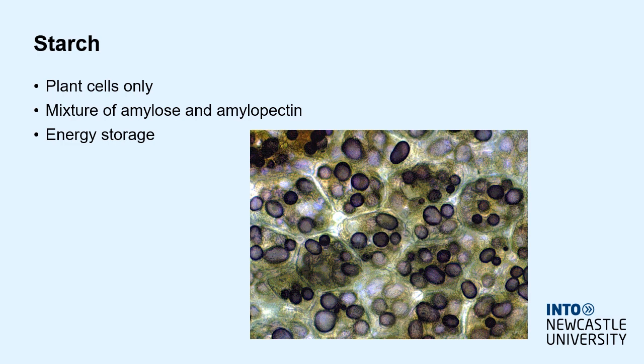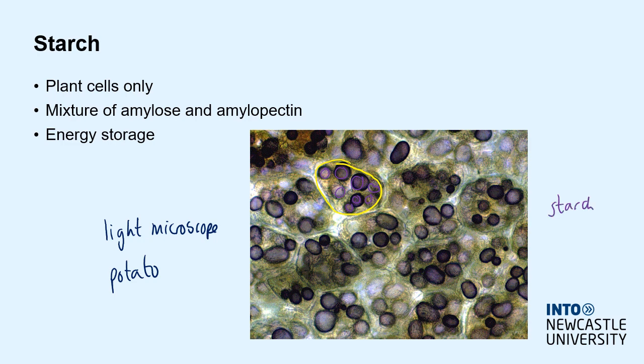energy storage. And what we've got on this picture here, this picture has been taken by just a light microscope, and it is a microscope image of potato cells. If I just show you an outline here, this is one cell here, and the purple structures that you can see inside, these are the starch granules.